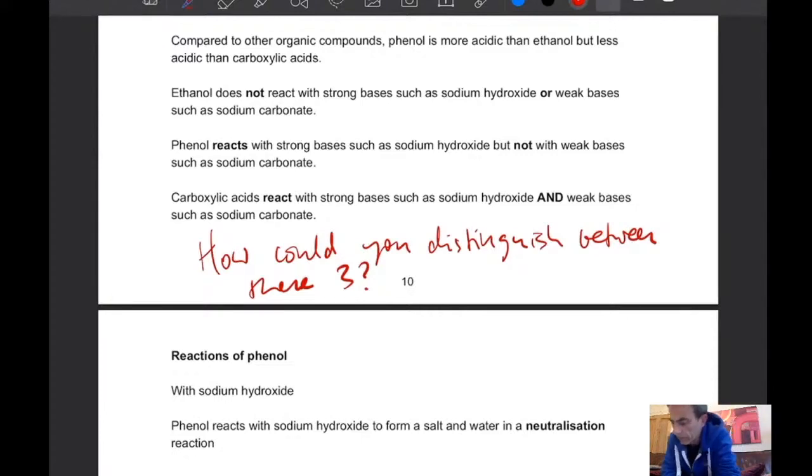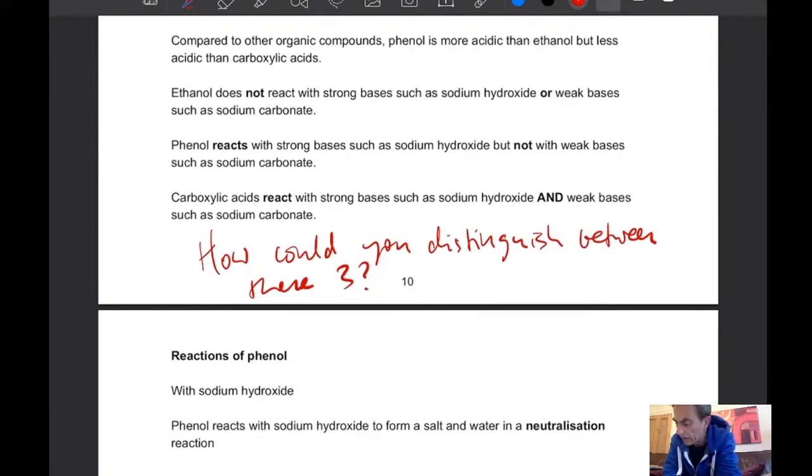So you could rule ethanol out straight away because it wouldn't register with something like universal indicator paper. You wouldn't get the classic colour produced. So your ethanol's gone straight away, and you're left with phenol and carboxylic acid.